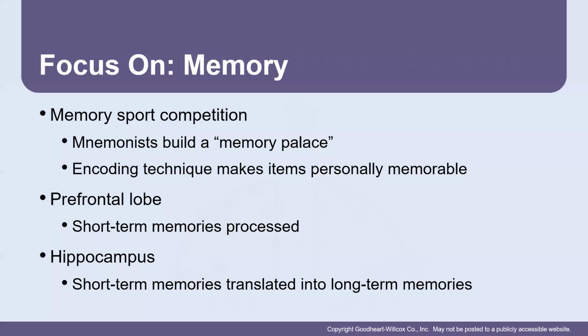There's a neat box on memory on page 220. Again, I'm not going to read through that for you, but understanding really how memory takes place, it's quite complex. There are different structures involved, one of them being the hippocampus.